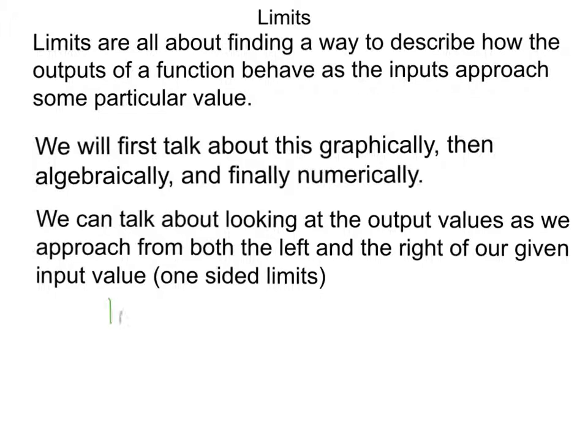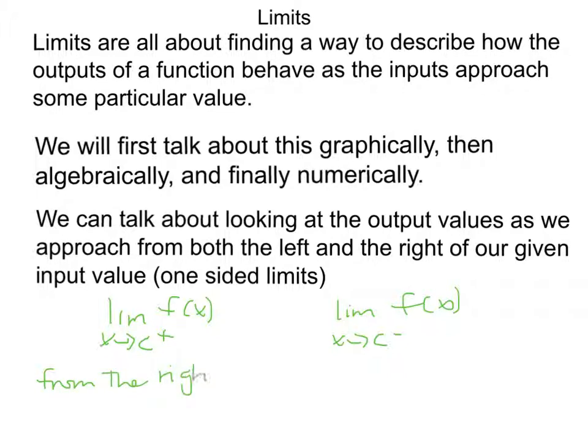I want the limit as x approaches some number c from the right of my function, or I want the limit as x approaches some number c from the left of my function. So this is from the right, and this is from the left.